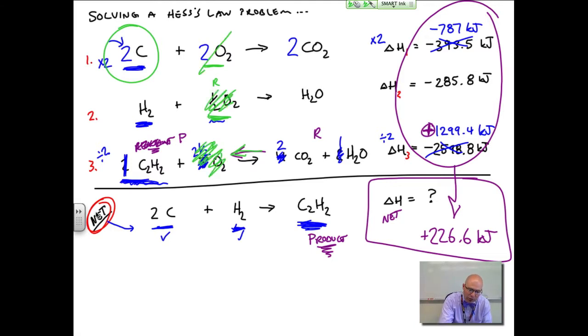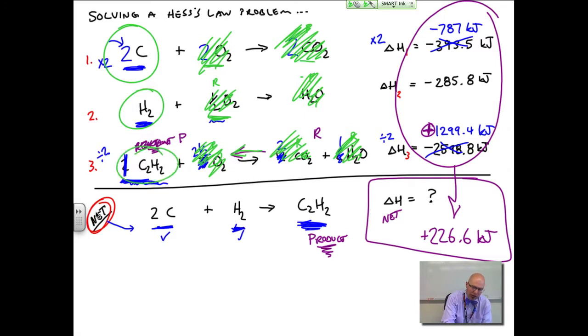So I don't have any O2s. Then I look to my CO2. I have 2 on the product, and notice my 2 on the reactant because I flipped them. Those cancel. H2, I have it, nothing else to do with it. H2O on the product, notice it's on the reactant here, one of each. They cancel. And then the C2H2, notice it's on the product side.